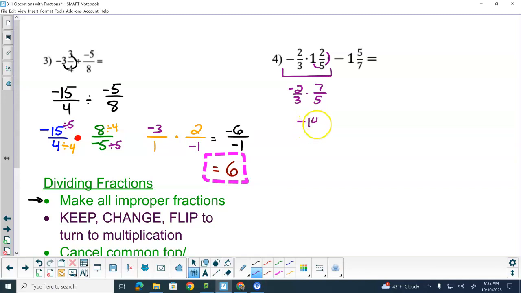Negative 14/15. Agree with me on that? Then we still have the minus 1 5/7, but that is really minus 12/7, right? 1 times 7 is 7, plus 5 is 12.